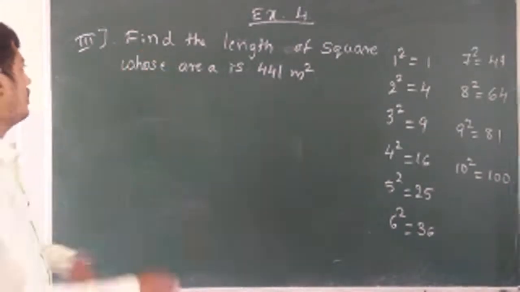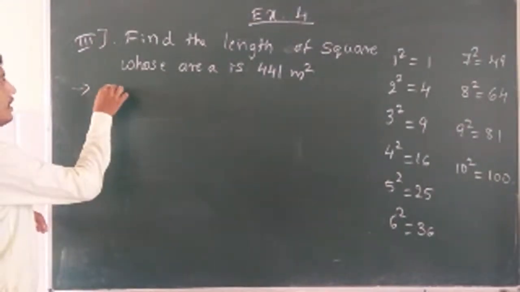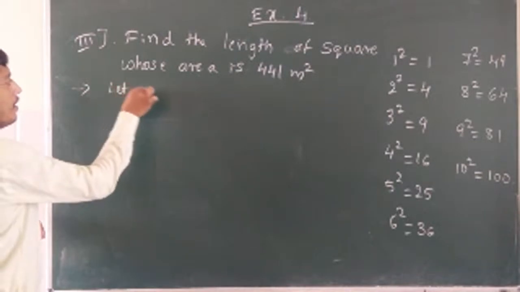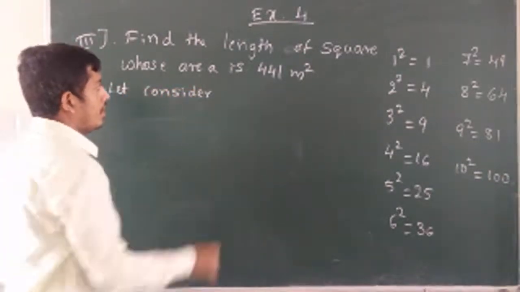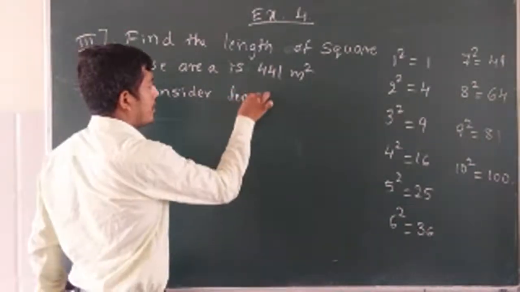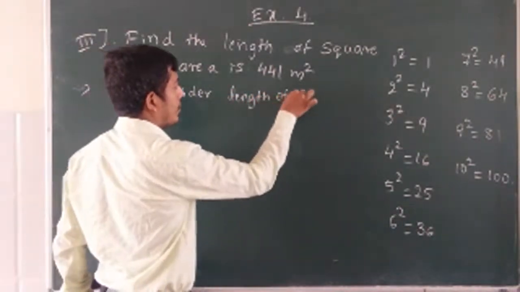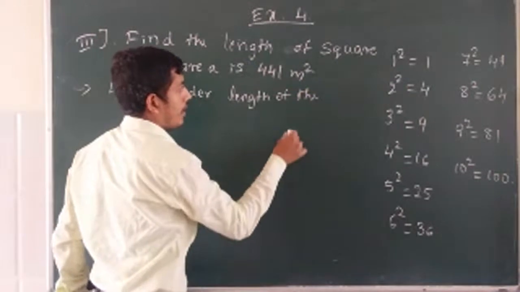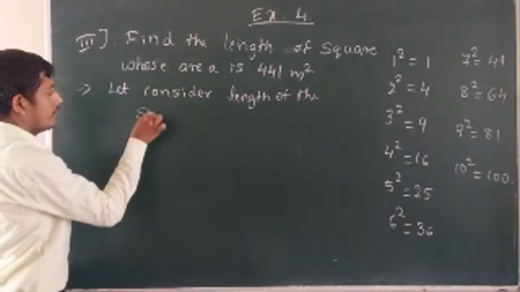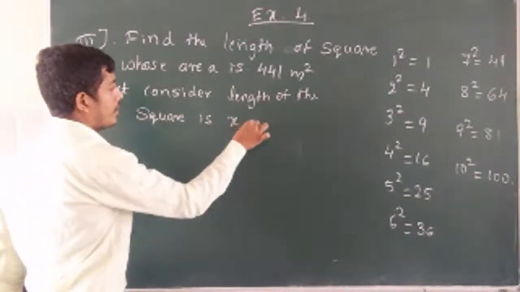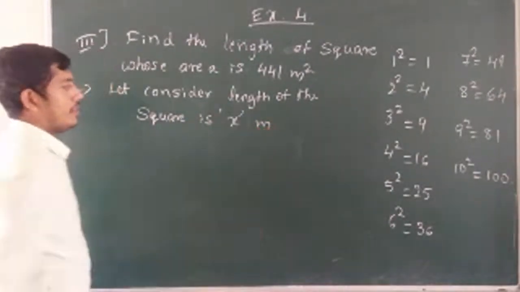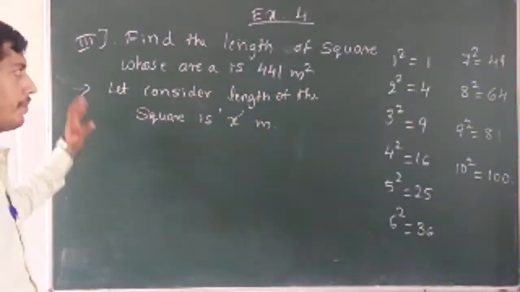Now let's consider the length of the square is x meter. So I will consider that as x meter.